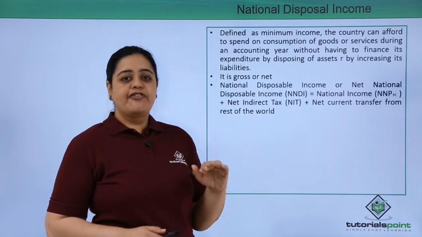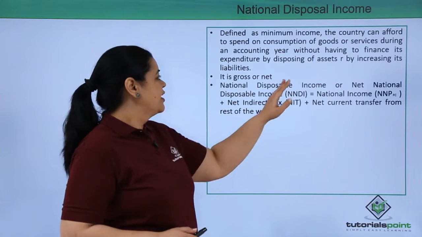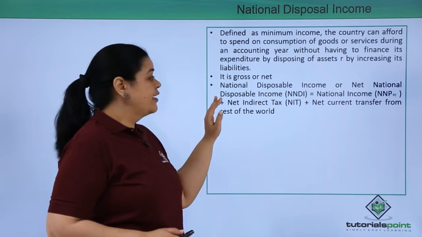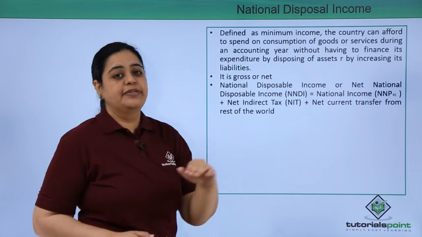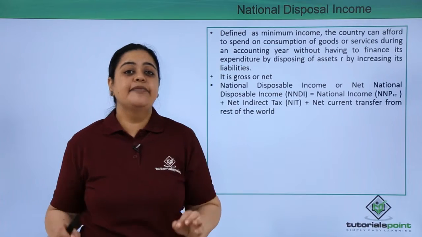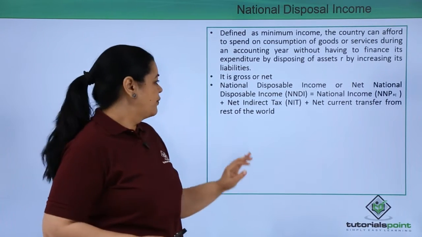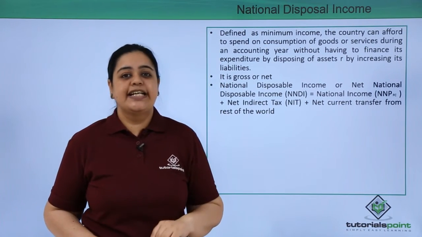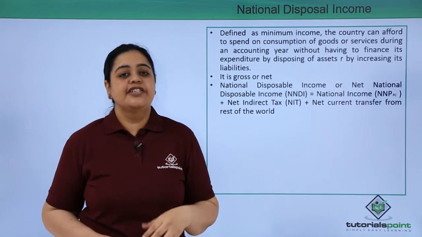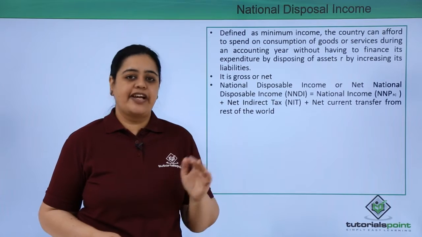So what is the formula for calculating that? Net national disposable income, known as NNDI, is equal to national income, which is NNP at factor cost, plus your net indirect tax, which is NIT, plus net current transfers from rest of the world, which is NFIA.